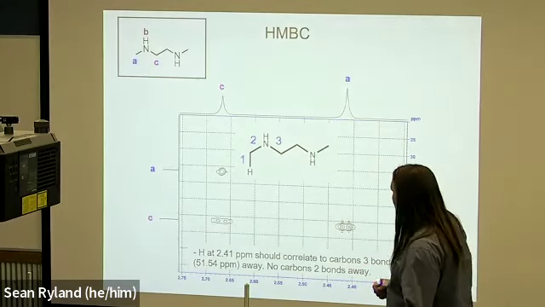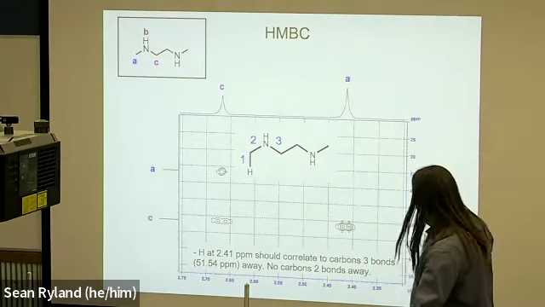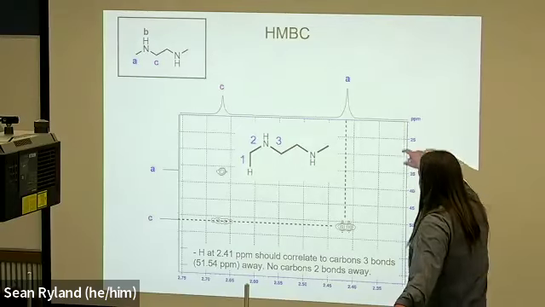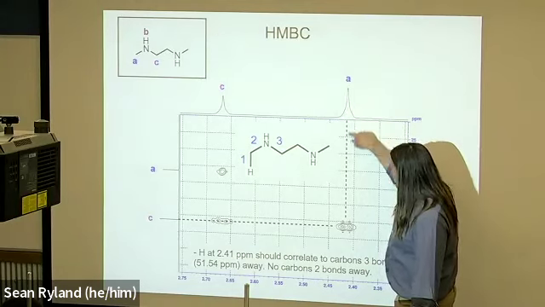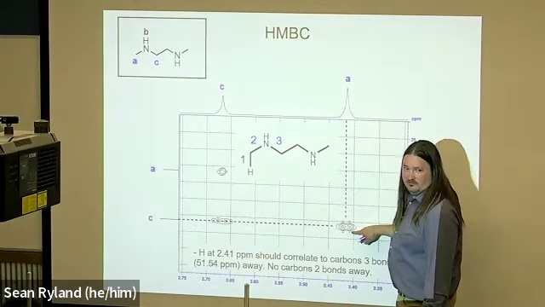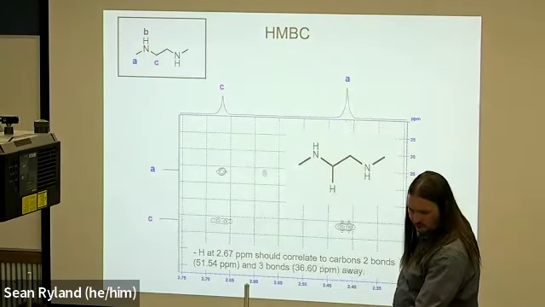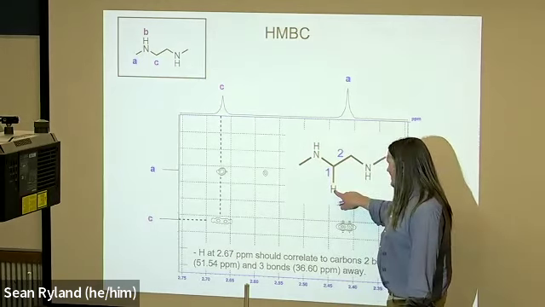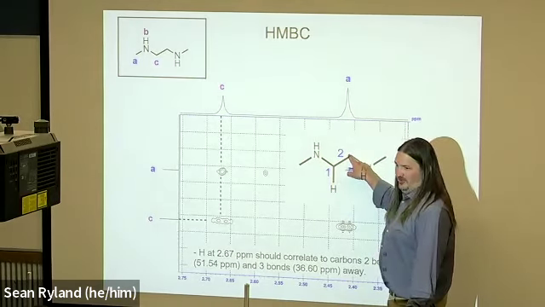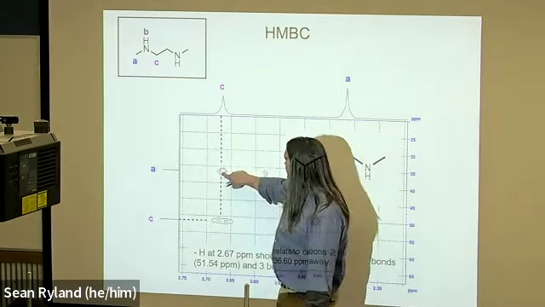So there's our 1, 2, 3 bonds. Right, so that's going to be protons on A correlated with carbon C. And then proton C can correlate with carbon C. So we see a signal here. And also carbon A.